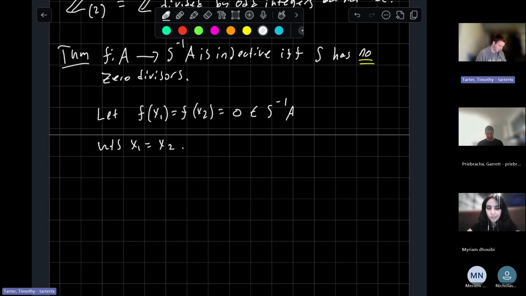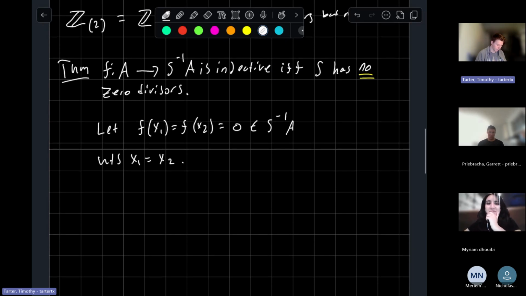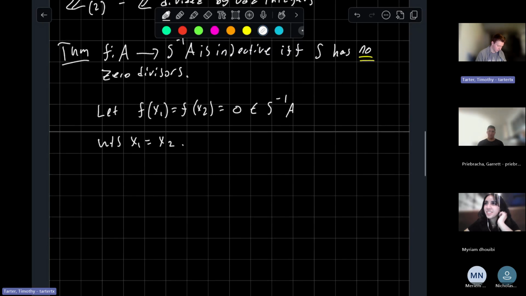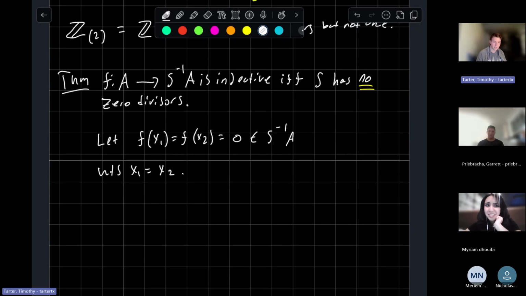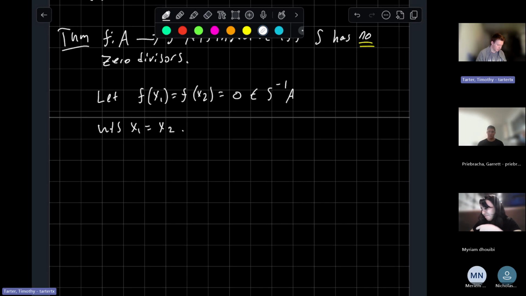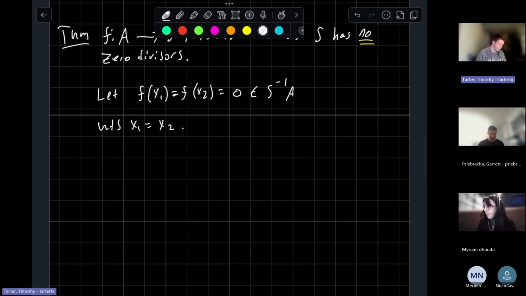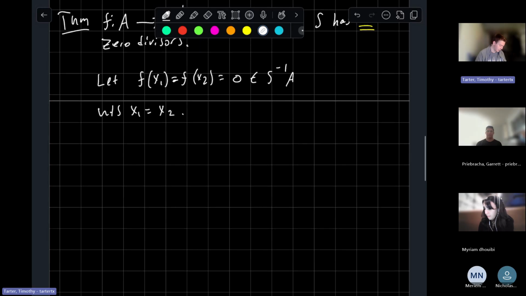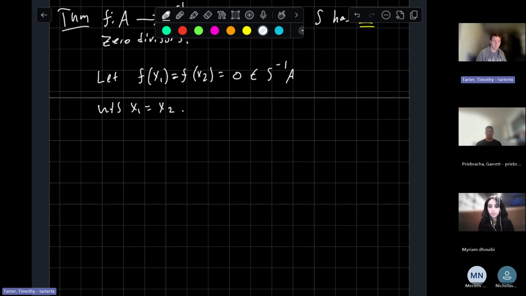And so the only way that x1 could be not equal to x2 is if S inverse of A has zero divisors. And so we can either assume for contradiction that S inverse of A has zero divisors, and then we can backtrack and say, okay, well, if these two things are equal, maybe they're both equal to zero, but maybe they're different things, and we get something in A where x1 is not equal to x2. Or we say, okay, S inverse of A has no zero divisors, do it constructively, show x1 is equal to x2, because otherwise we would get a different image.